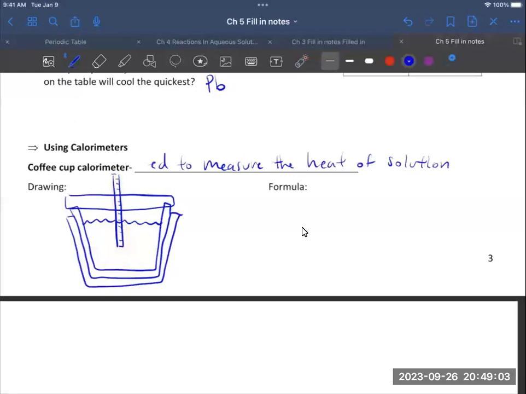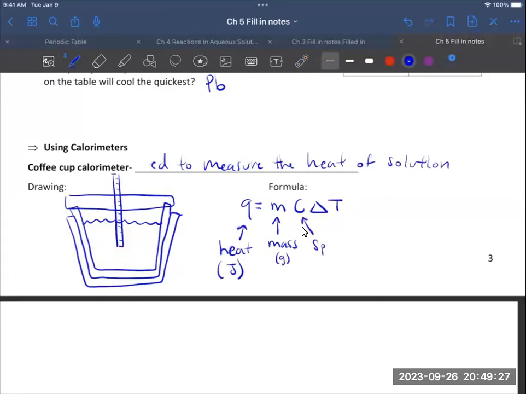When it comes to doing the math with coffee cup calorimetry, it's going to look like this: Q equals MC delta T. I think a lot of you guys have seen this formula before. Q is the heat associated with the reaction, measured in joules. The M is the mass of the reactants involved.